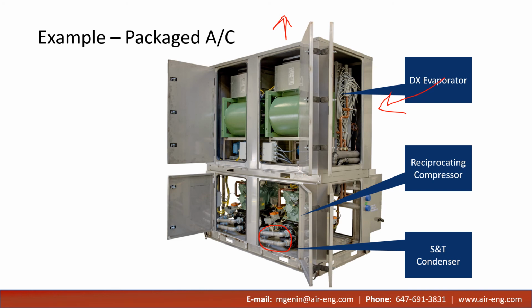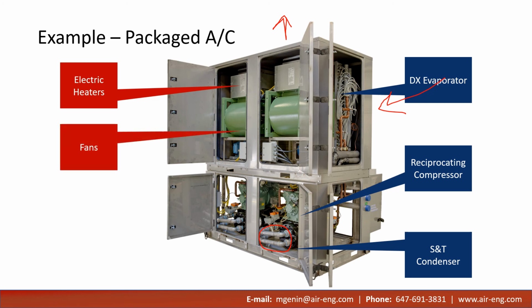Aside from these refrigeration components, it's also worth pointing out here that there are electric heaters mounted on the discharge of the fans themselves, and some electrical components as well, which make up this air conditioning unit.